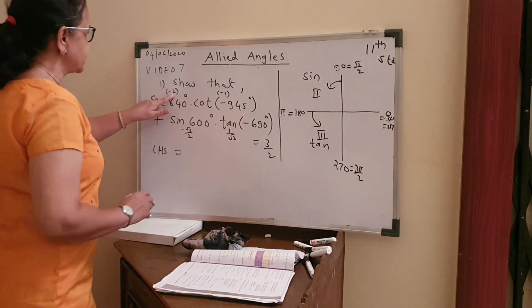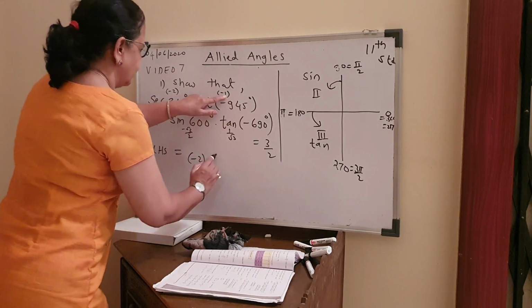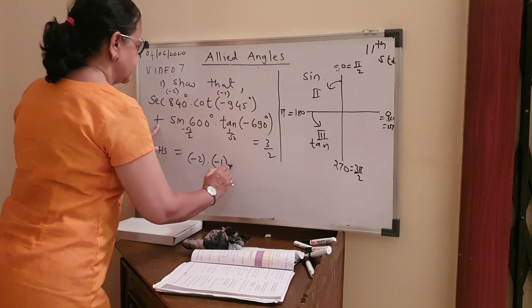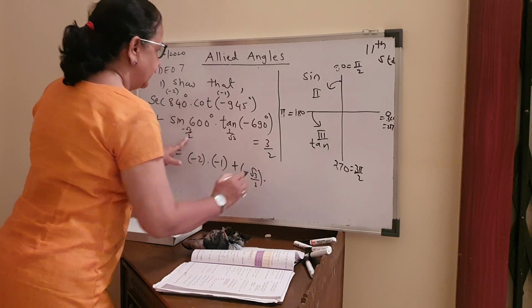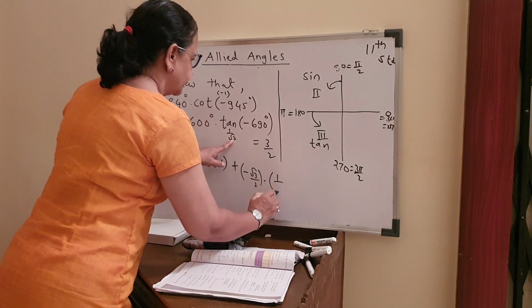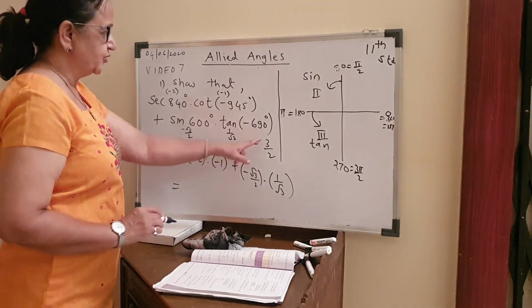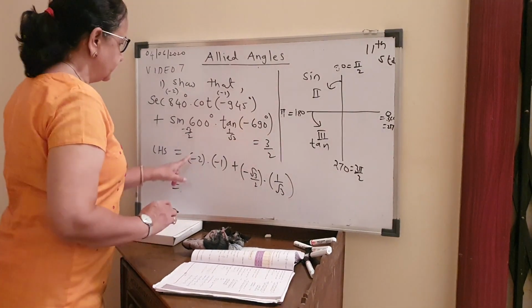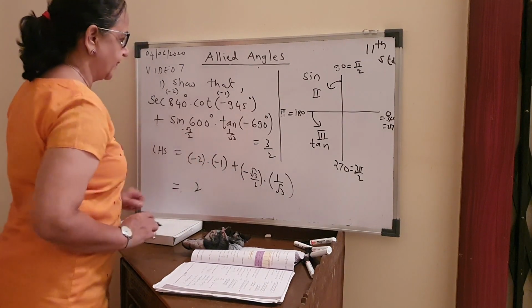The first term, answer was minus 2. Second, answer was minus 1. Plus. Third, minus root 3 by 2. And fourth, 1 by root 3. All 4 answers I substituted. Now check whether you get 3 by 2 as your final answer. Minus into minus, product positive, 2 into 1, 2.